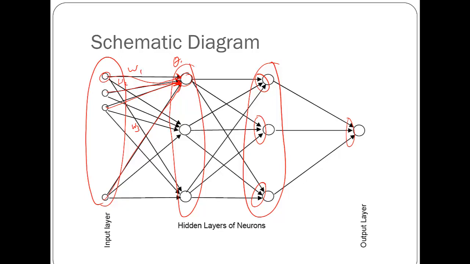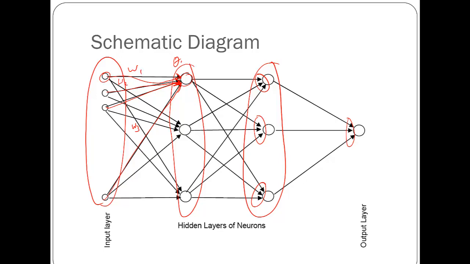So the idea here is to come up with the weights at each of these stages that give us the best fit to the training data, but then also give us the best fit to the validation data. Now, the size of the neural network can be quite large, quite extensive.